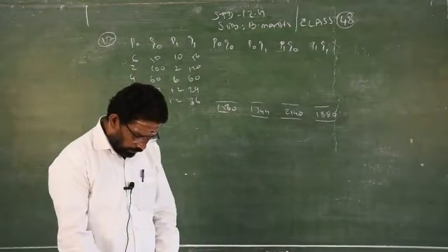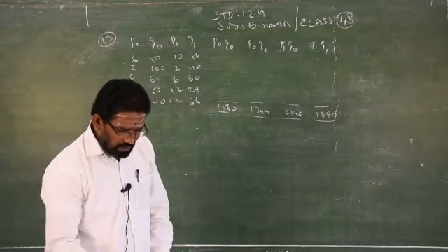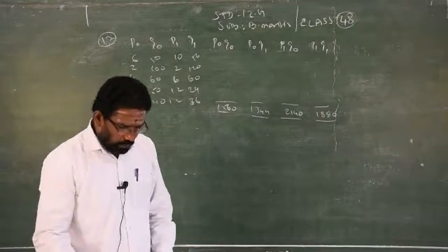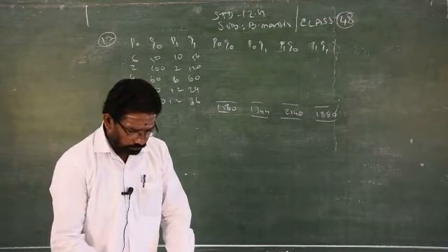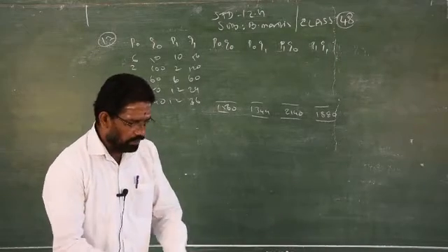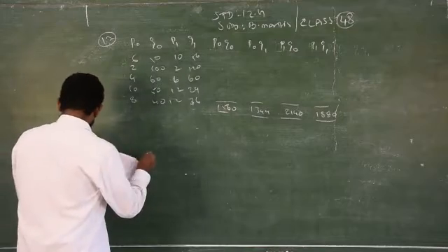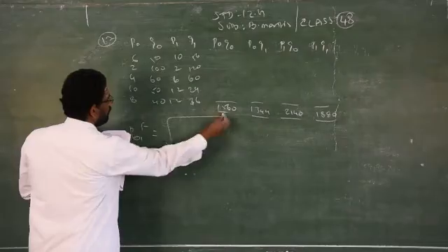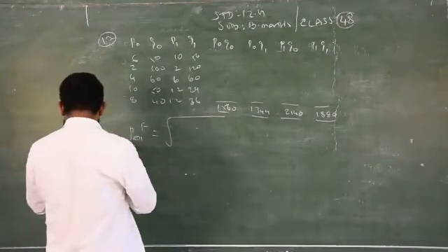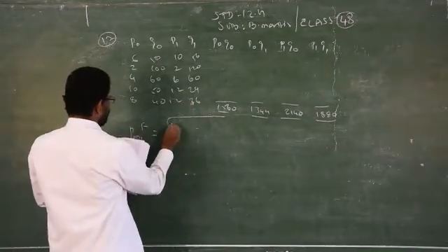Now you have to find Fisher's ideal index number. What is the formula to find Fisher's ideal index number? It is the combination of the first two formulas, P01, that I gave. You can take the first one or the second one also.